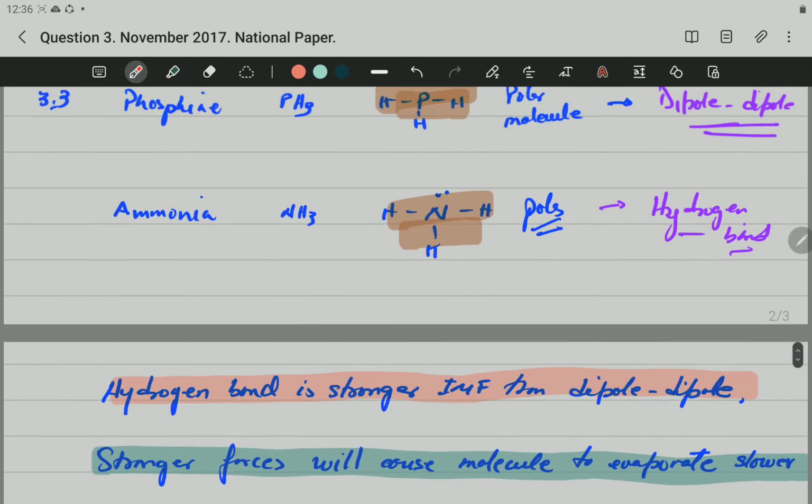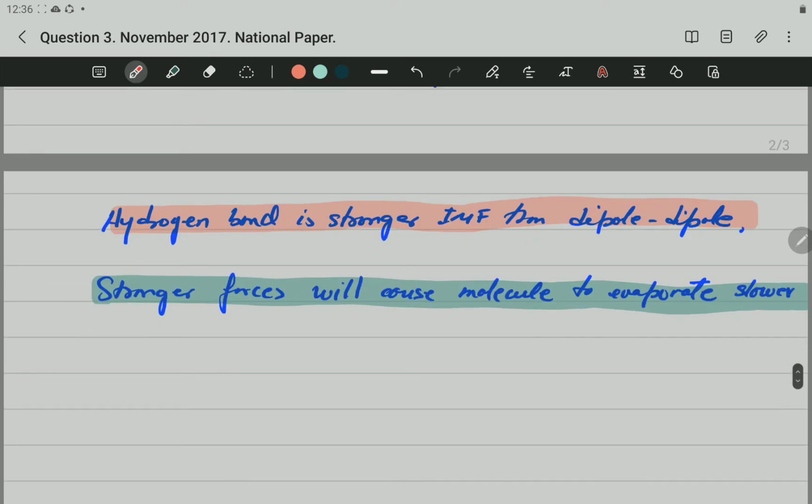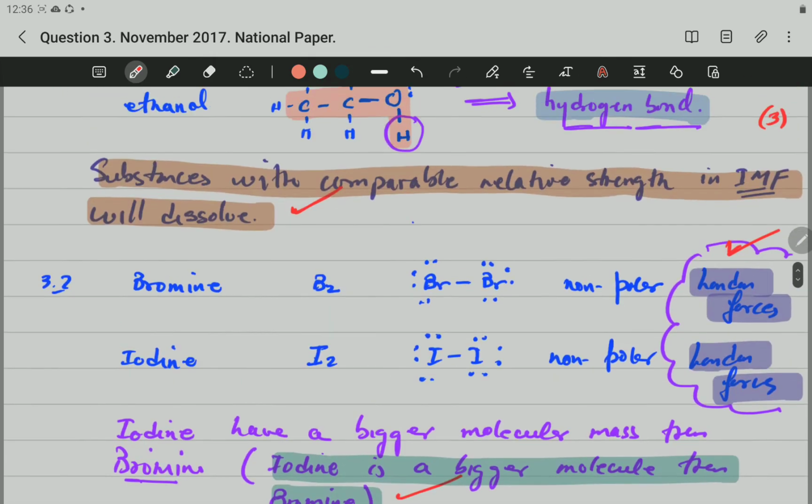So the marks are first to identify the type of intermolecular force in each of the molecules, then to compare, and then to state that stronger forces will cause molecules to evaporate slower, or weaker forces will cause molecules to evaporate faster. We're going to the next question, which is 3.4.